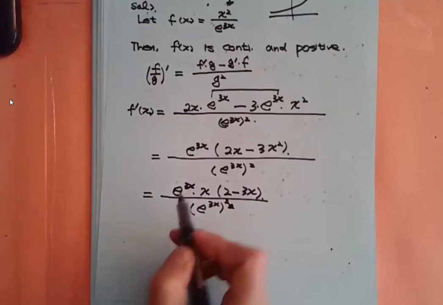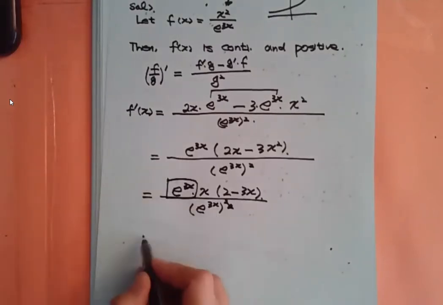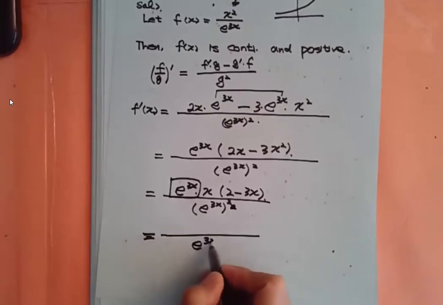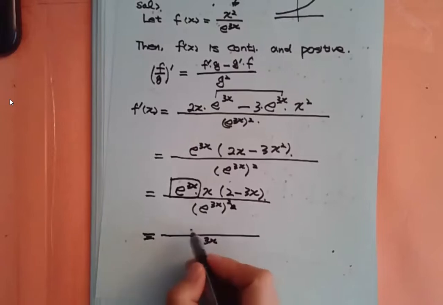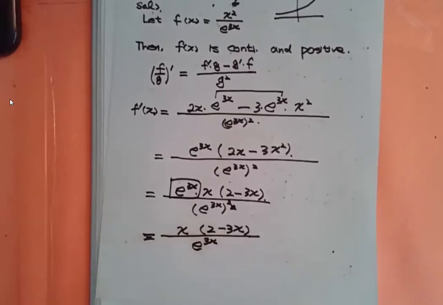So what we notice here is this component and this component are the same, so we can cancel and simplify, and e to the 3x is in the denominator, and the numerator is x times 2 minus 3x, right?